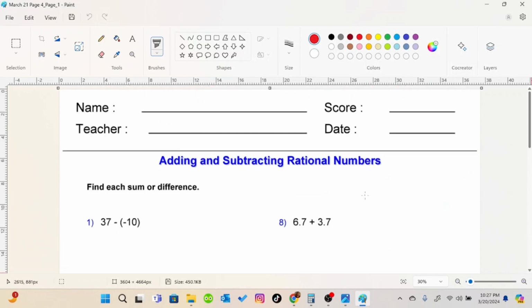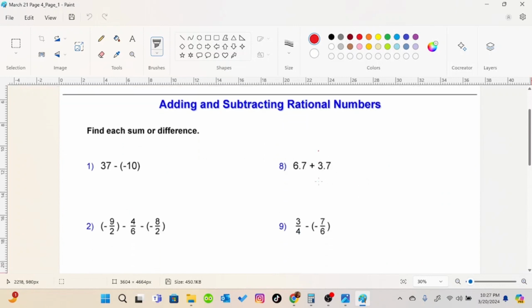Finally, page 4, adding and subtracting rational numbers. Find each sum or difference. So number 1, if you subtract a negative, it becomes addition. So 37 plus 10 equals 47.